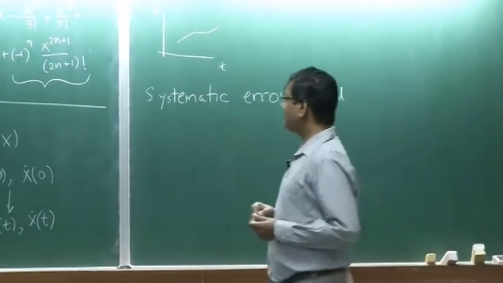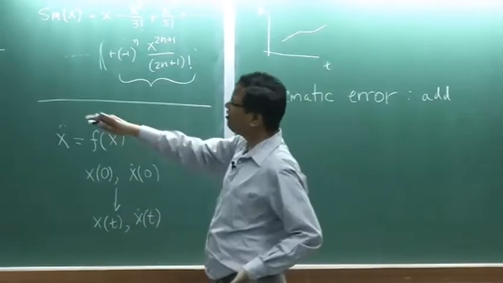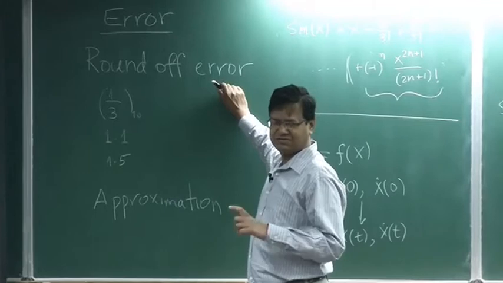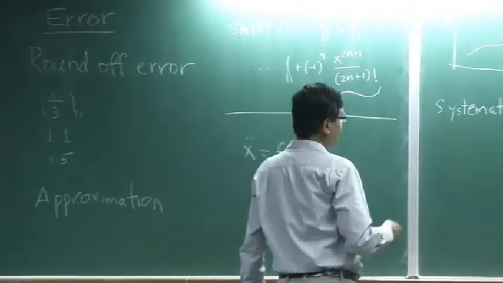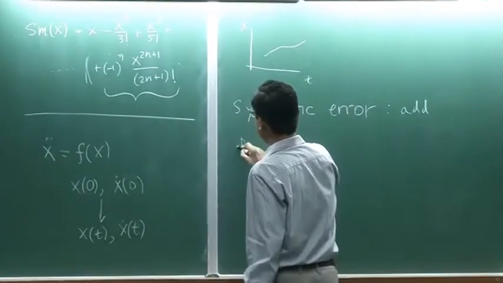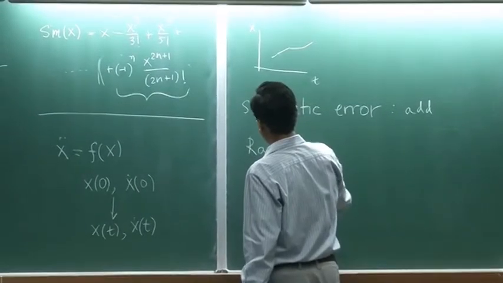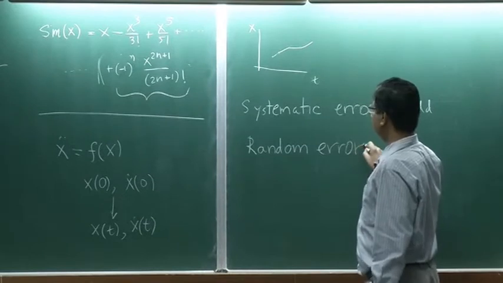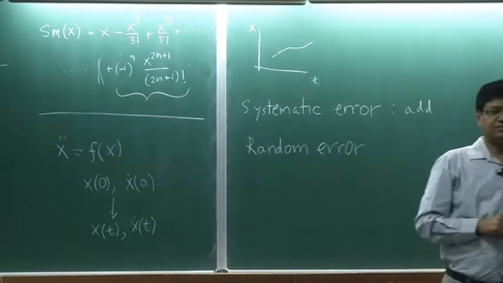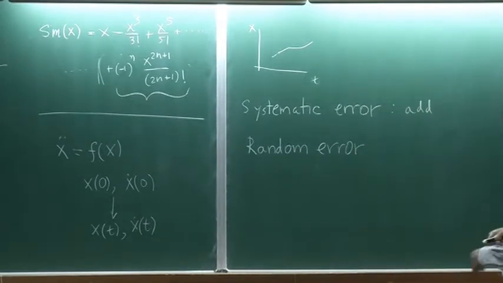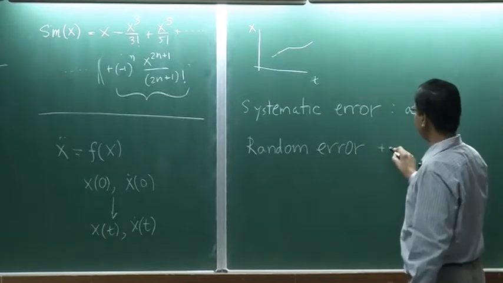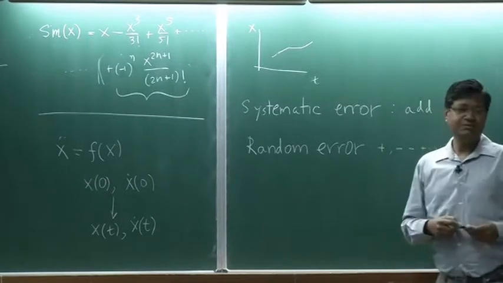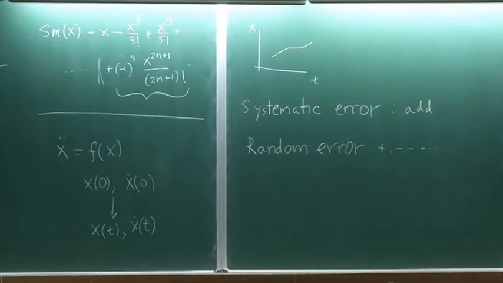but there could be errors which are random. In fact, round off errors typically will be coming with both the signs, plus minus. So, if random errors, then random errors come with both the signs. Okay. So, it will come with plus, minus, minus. Now, there is a theory of errors.